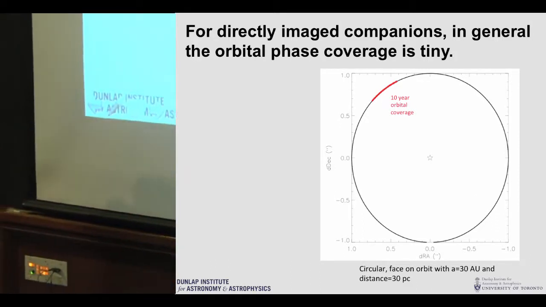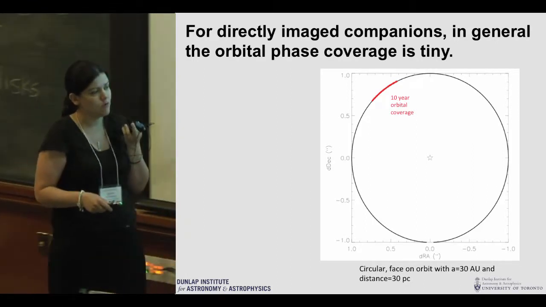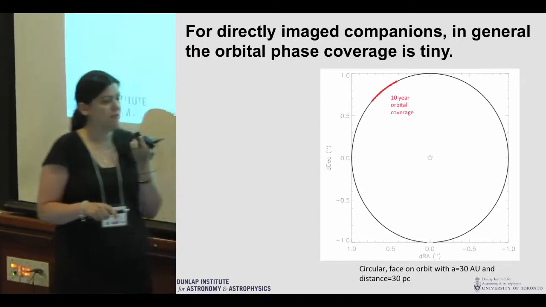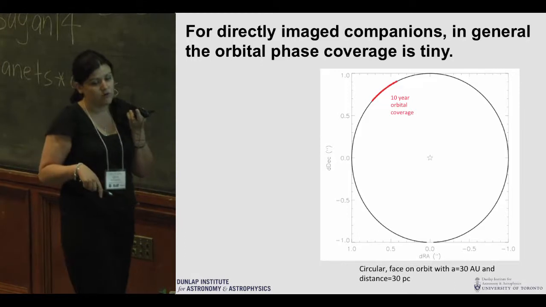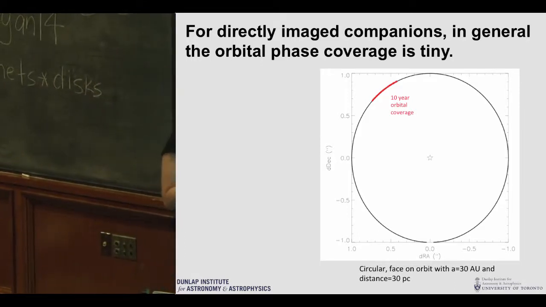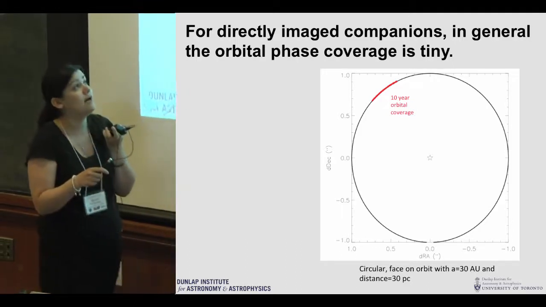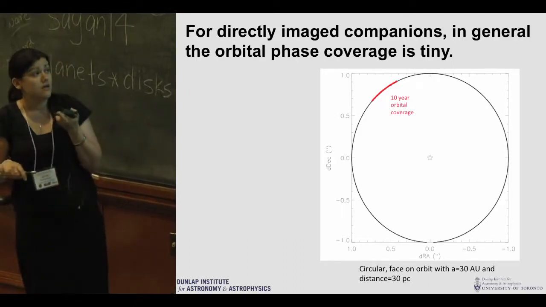This is just an example of what it would look like if you saw a circular face-on orbit with a semi-major axis of 30 AU at a distance of 30 parsecs. So here's your full orbit. And if you were lucky enough to actually get to measure this planet for 10 years, you would still only have this tiny, tiny little fraction of orbital phase coverage.